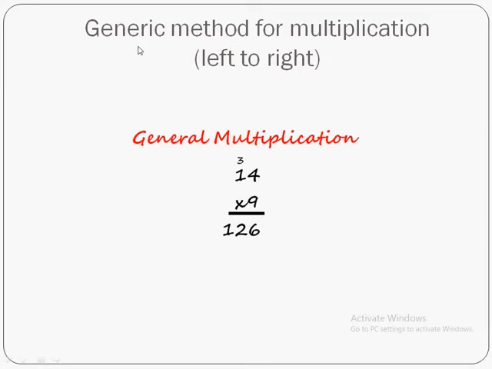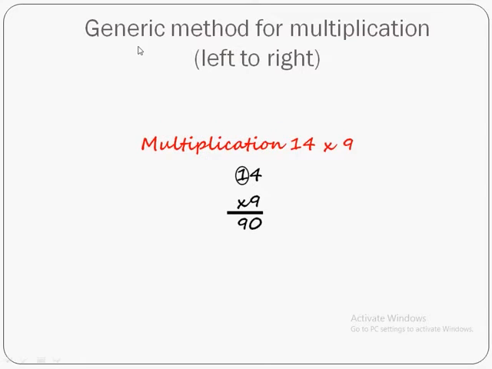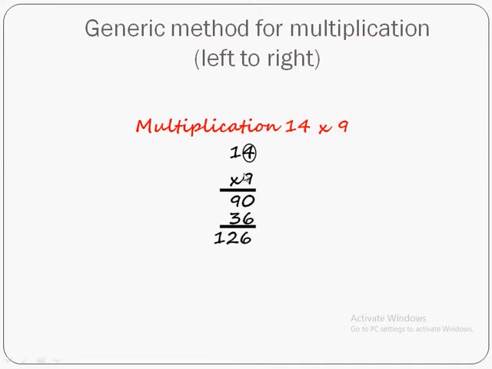Now I will follow the approach of left to right instead of right to left. I will multiply 9 with 1. 9 into 1 is 9, and for the other digit I will write 0. In the next step, I will multiply 9 with 4, which will give me 36, and then add them together, which gives me 126, the same output.